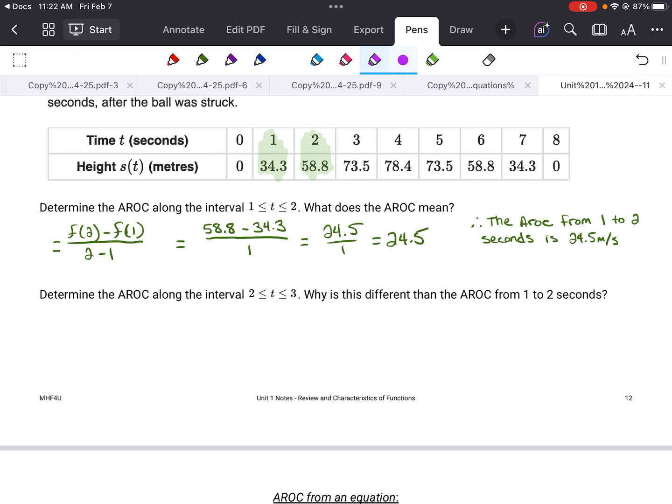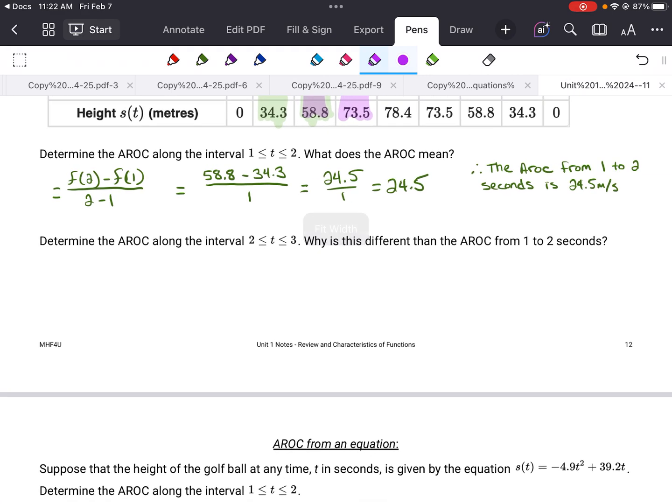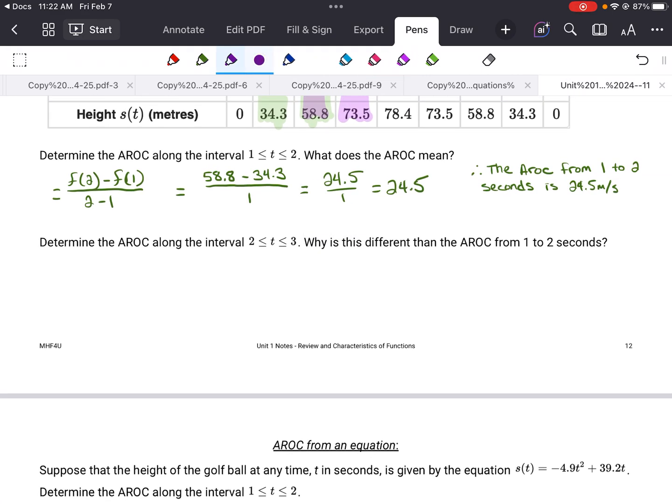Determine the AROC of interval 2 to 3. So now we're using the 58.8 and the 73.5. And why is it different? We're plugging in 3 seconds, subtracting the 2 seconds. So we have 73.5 minus 58.8 over 1.